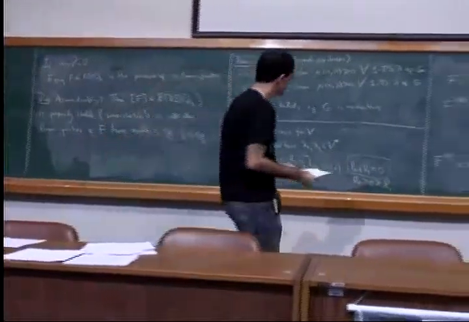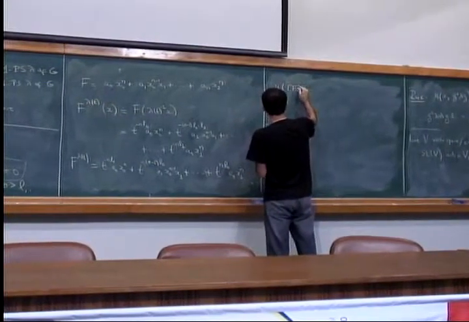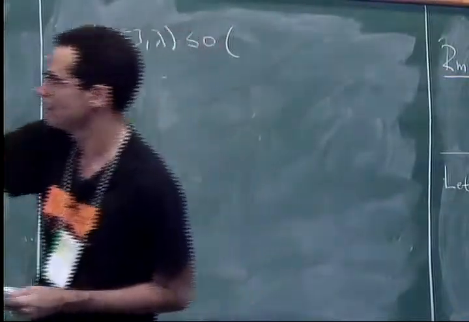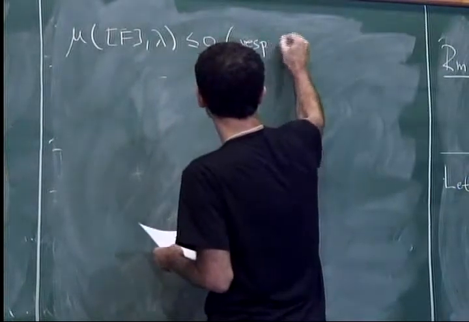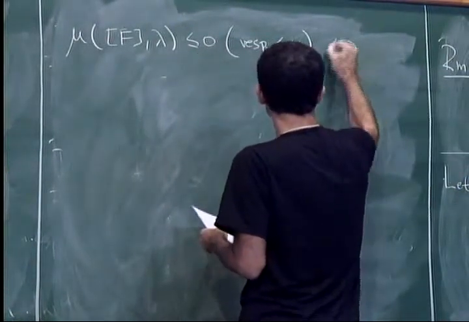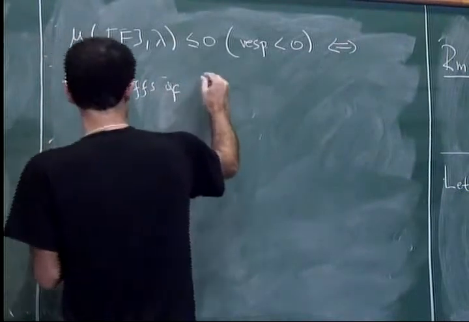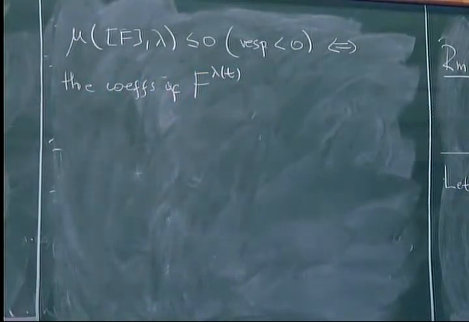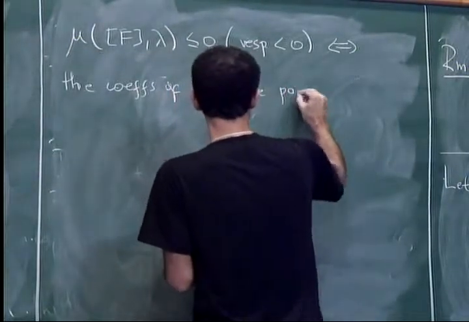Now, you see that mu of the point corresponding to f with respect to this one-parameter subgroup is less or equal than 0, and respectively less than 0, if and only if the coefficients of f lambda t are polynomial in t, and respectively 0 for t equals 0. Remember that mu is the power of the denominator, so less or equal than 0 means that you have polynomial things.